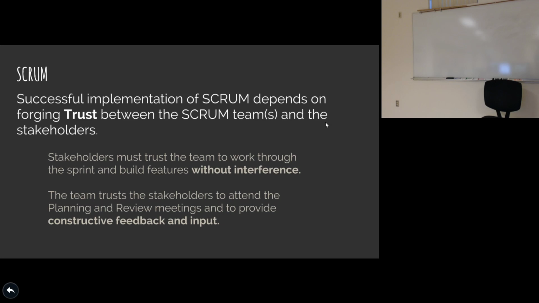Okay? It's also important that trust goes the other way, in that the team really depends on the feedback and the work that goes into the backlog from the stakeholders. If they're not building and putting items into the backlog ahead of time, ready for the sprint planning, that makes things really hard, right?